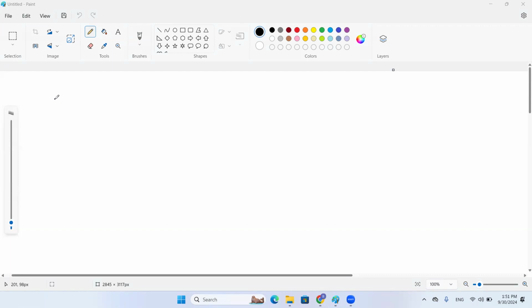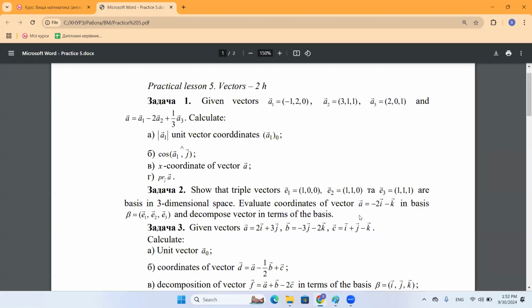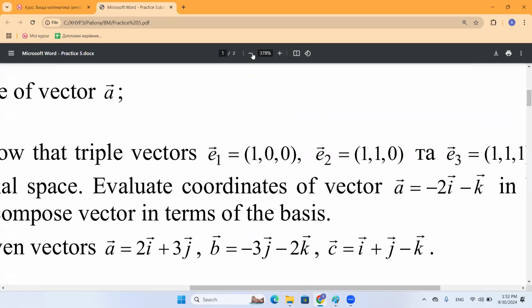Okay, so now I have a question. Do you remember how to decompose a vector in terms of the basis?